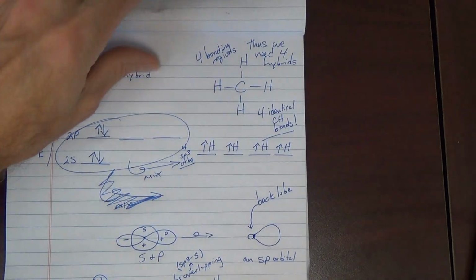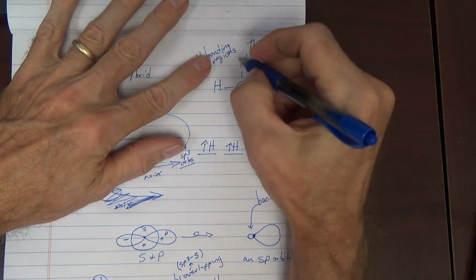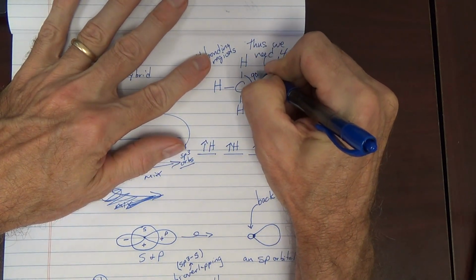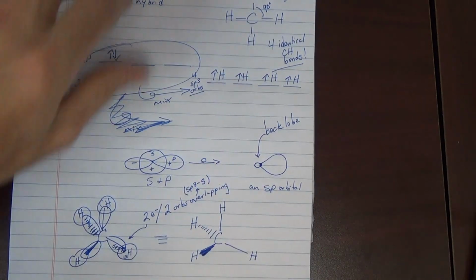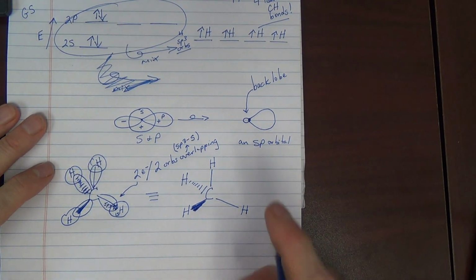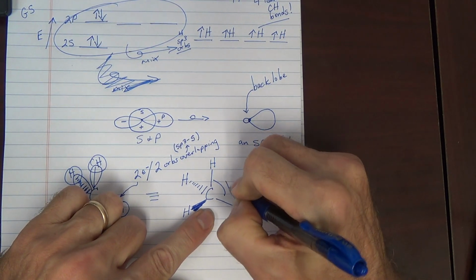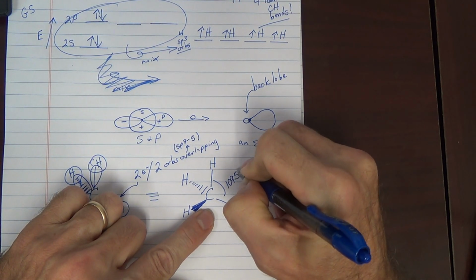Now I started originally like this, but now you see this is a 90-degree angle if you took 9th grade geometry. But the actual is what? And we can see the angle best here. That is a 109.5.